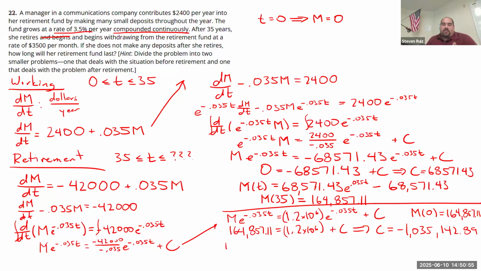All right. So now let's write this equation. M of t is equal to 1.2 times 10 to the 6th.